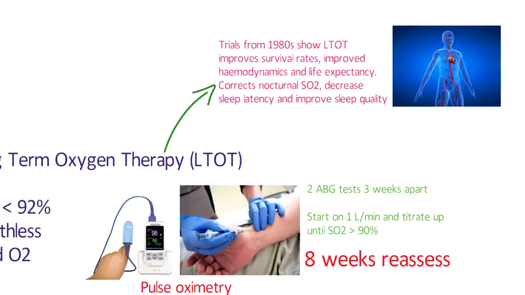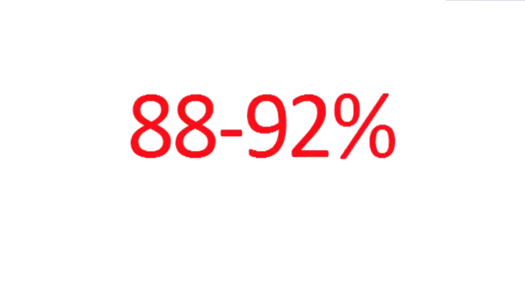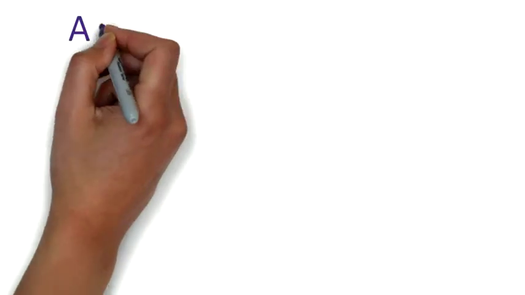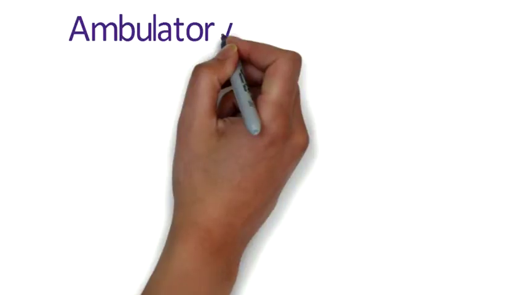Now, patients receiving oxygen for 24 hours a day are at increased risk of increased carbon dioxide levels, and therefore the target saturation of oxygen for patients with COPD should be 88 to 92%, and target oxygen saturations for all other conditions should be 94 to 98%.